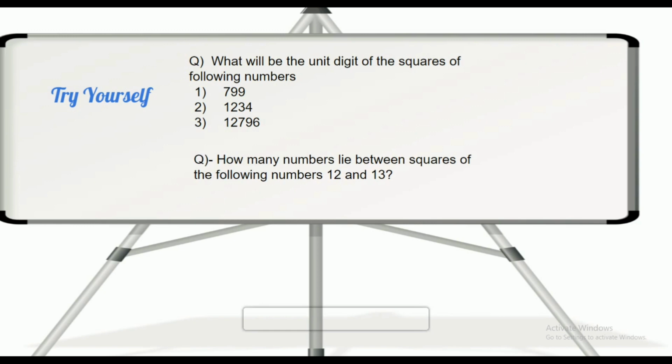What will be the unit digit of the squares of the following numbers? And the second question is, how many numbers lie between the squares of the following numbers, that is 12 and 13.